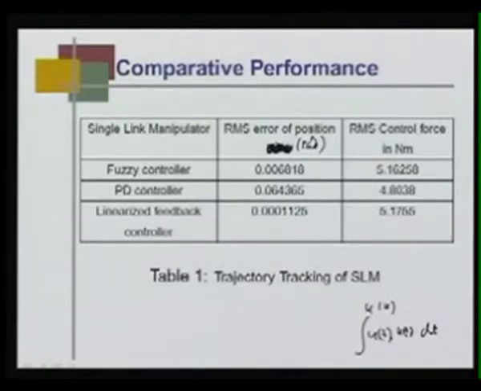So, I get this control effort, and correspondingly you see that the fuzzy controller has an error of the order of 10 to the power minus 3, but the PD controller has 10 to the power minus 2, and the feedback linearization controller has 10 to the power minus 4.